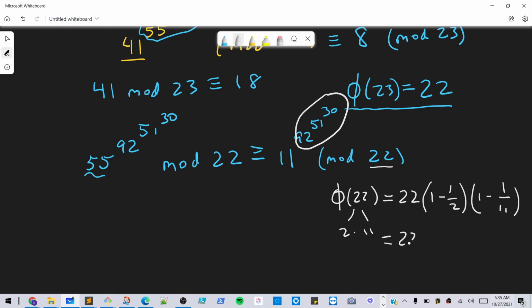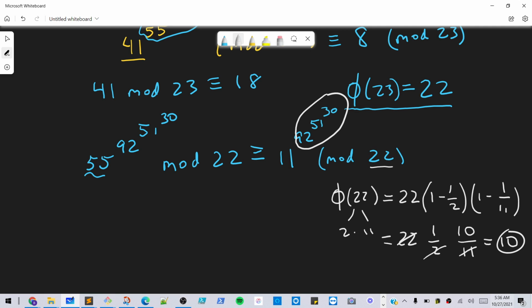So let's just calculate this. 1 minus a half is a half. 1 minus 1/11 is 10 over 11. And you'll notice that that cancels that and that cancels that. And we're just left with 10. So our totient of 22 is 10.